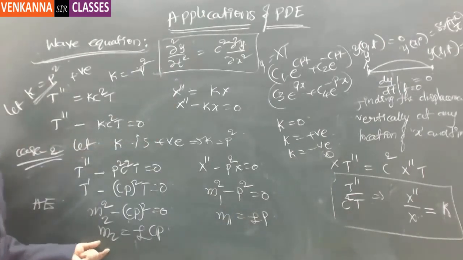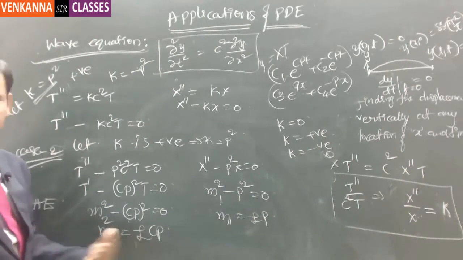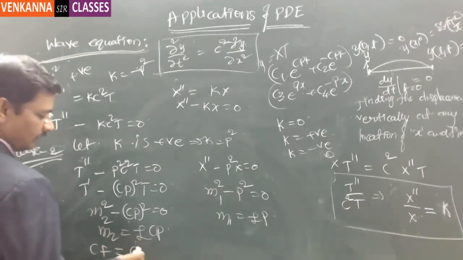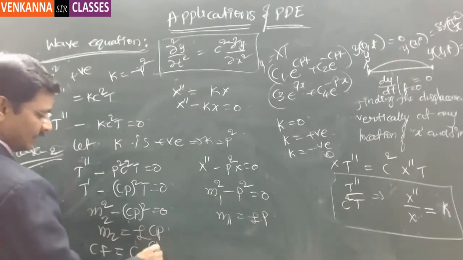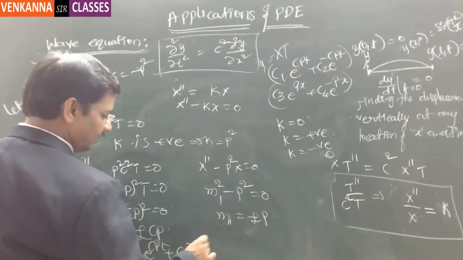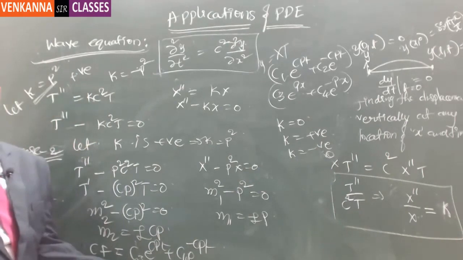So if these are the solutions of the auxiliary equations, then the complementary function is c3 e power cpt plus c4 e power minus cpt. So this is the complementary function.